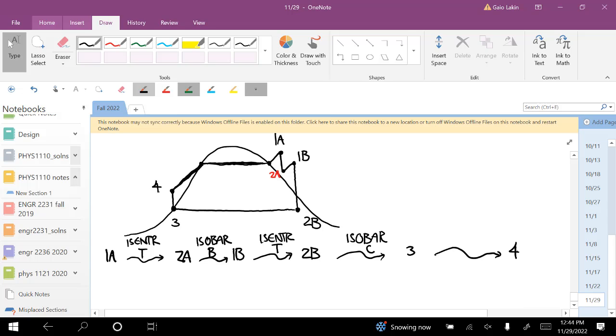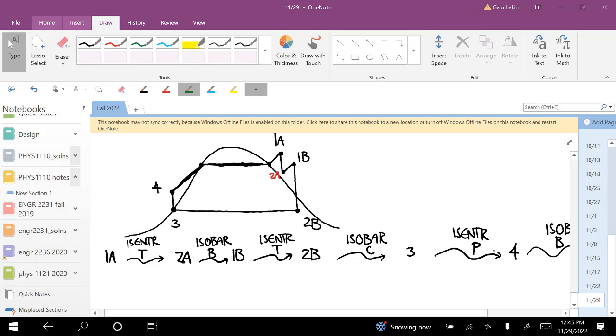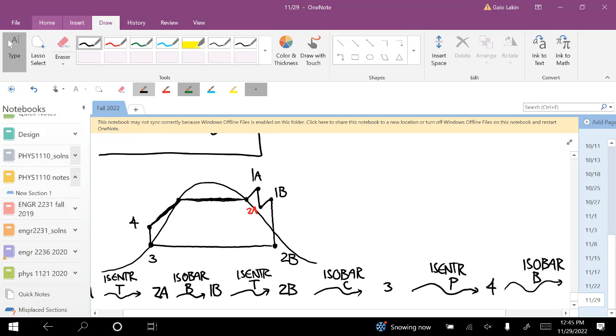And then from 3 to 4 is an isentropic pump. And then from 4 back to 1A, that is an isobaric boiler. Again, that's a steam generator, actually, because we're going to these superheated states.